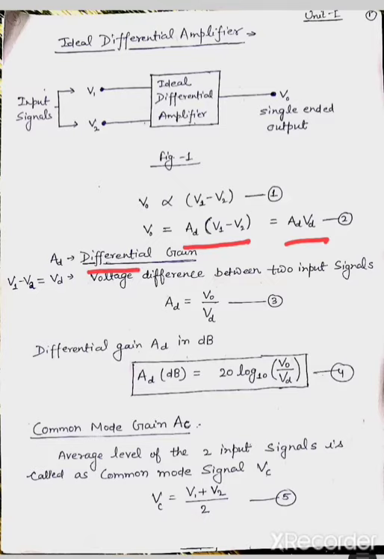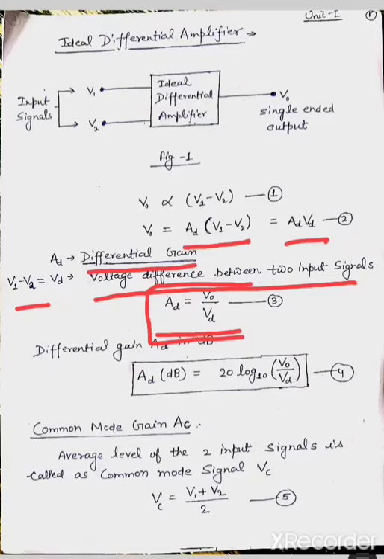Here AD is the differential gain and V1 minus V2, the difference of input signals, equals VD, the voltage difference between two input signals. So differential gain AD will be the ratio of the output voltage and the differential voltage VD. So differential gain is defined here by equation 3.